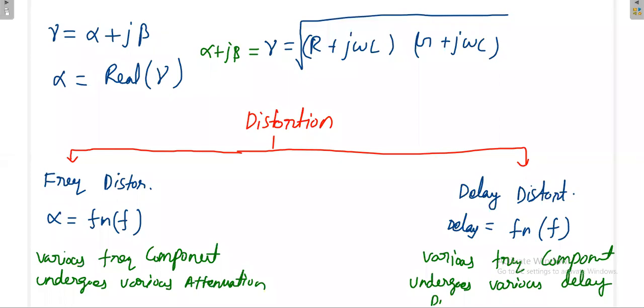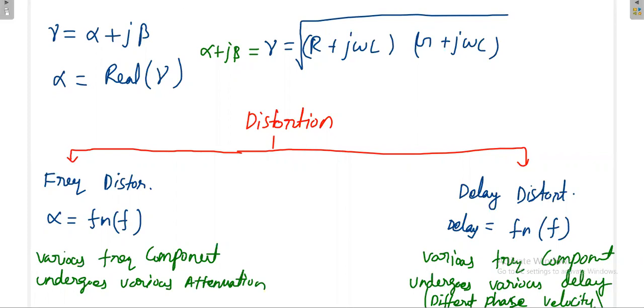So each frequency has a different phase velocity, because delay cannot come just like that. It is from the velocity only. If the velocity differs, then the delay differs. Okay, so that is frequency distortion, and what is phase distortion? Another name for phase distortion is delay distortion.